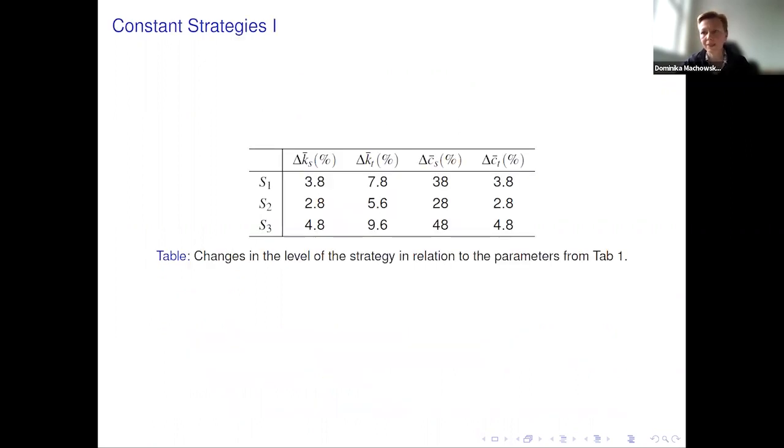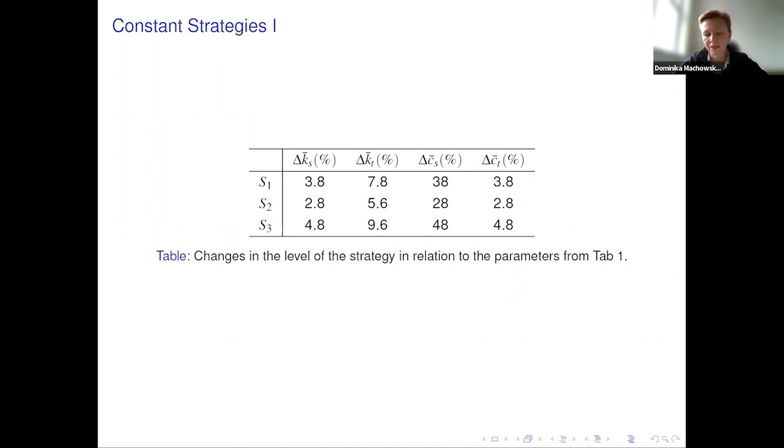And let's talk about the results. So the first results, if we talk about the constant strategies, if we increase the value of the parameters, like from 3 to 5% for Ks, from 6 to 10% for Kt, the biggest changes are for Cs. This is the control of damping in the suspension system.